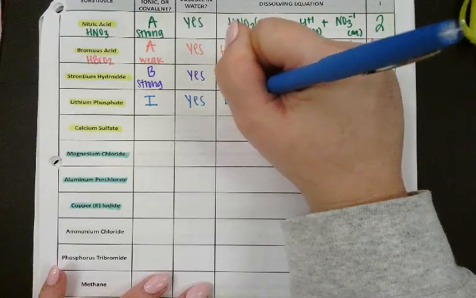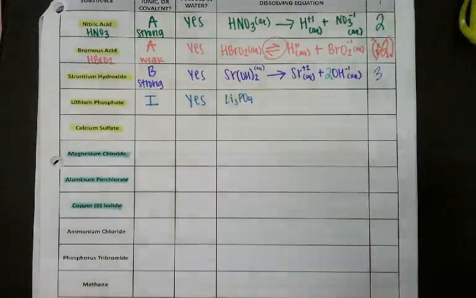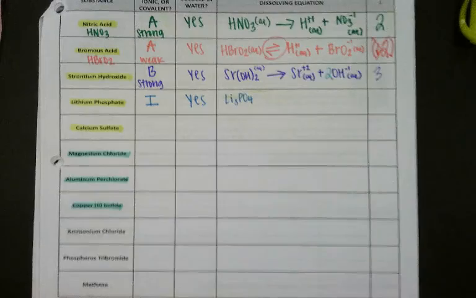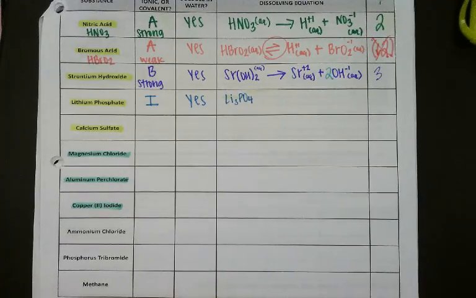You don't need parentheses. Li3PO4. Yep. All right. Do we know the state for this? Well, no. How can something be aqueous and then dissolve in water again.